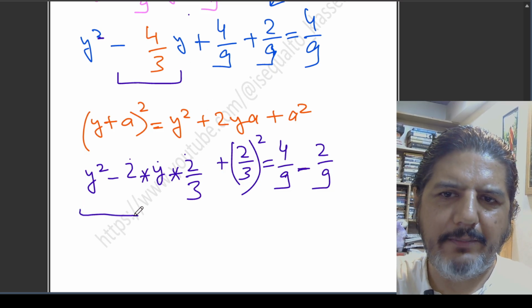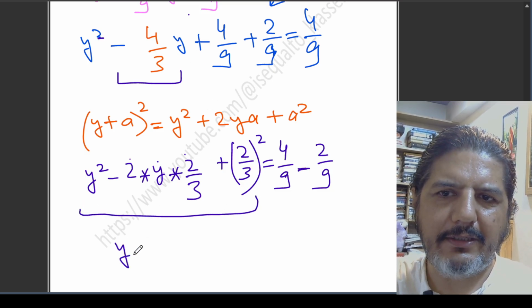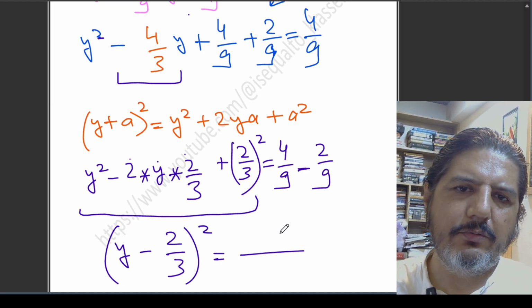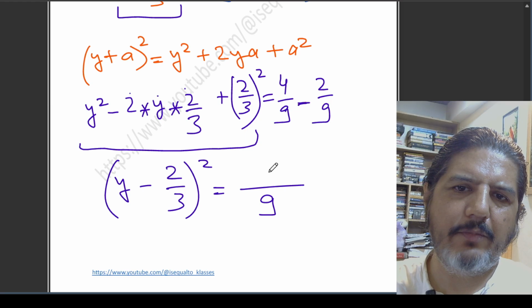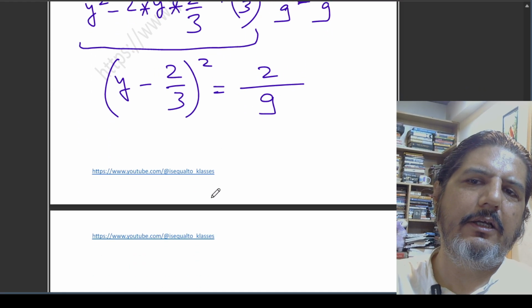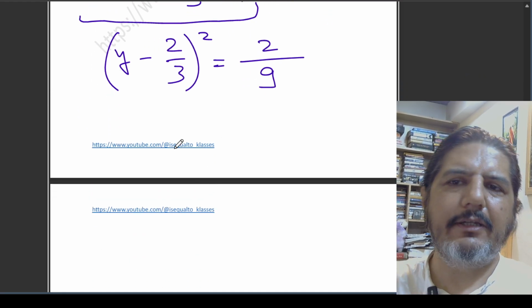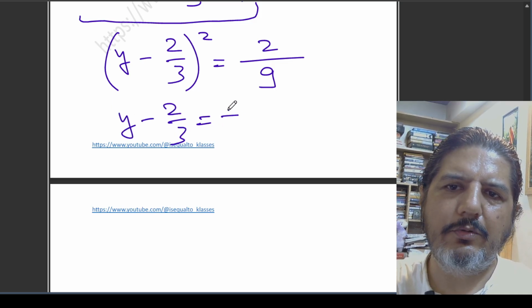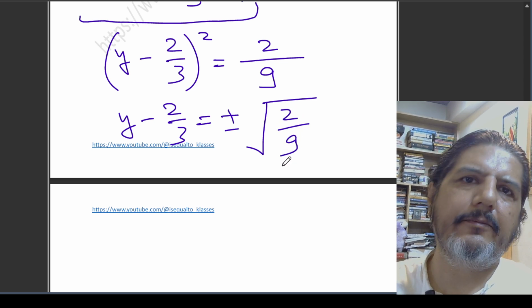But now the magic which has happened is that this can be written as y minus 2 upon 3 whole square is equal to, this is 9, 4 minus 2 is 2. Now this can be written like we had done previously. This can be written as y minus 2 upon 3 is equal to plus minus root of 2 by 9.